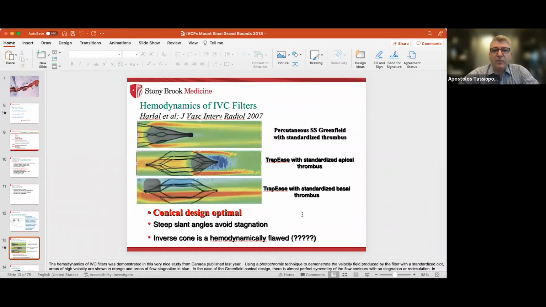And a little bit more of a schematic here, where you see two different filter designs: the Greenfield filter on the top, where the flow from the sides after it has captured thrombus is much more brisk, and then the trapeze filter, which, once it captures thrombus, appears to have an area right on the top of the filter that may be vulnerable to further thrombosis.